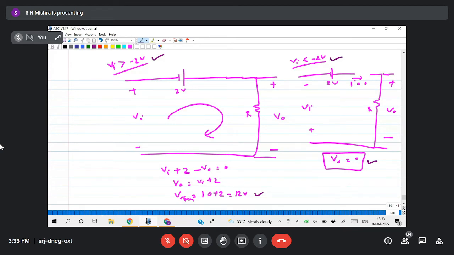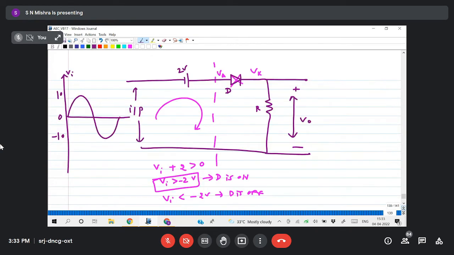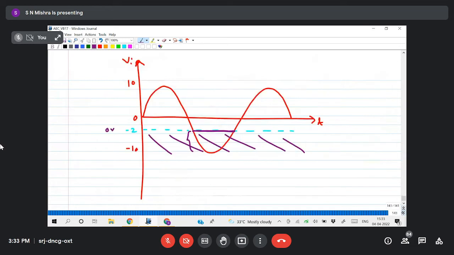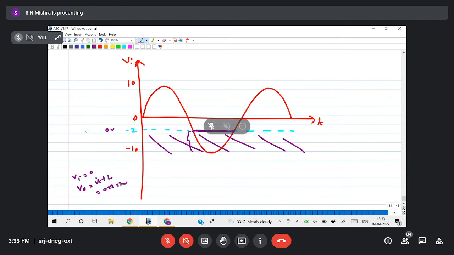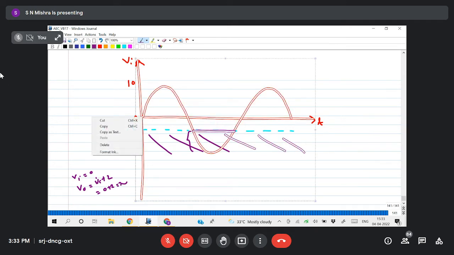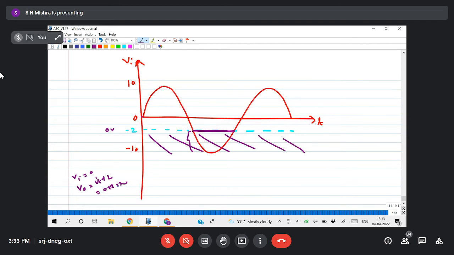Vi plus 2. When Vi is 0, what is Vout? Vi plus 2 means 0 plus 2, that is 2 volt. So you see here, if this is 0, then this will be 2 volt.